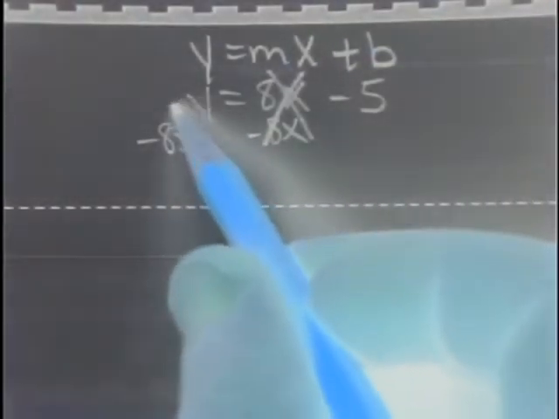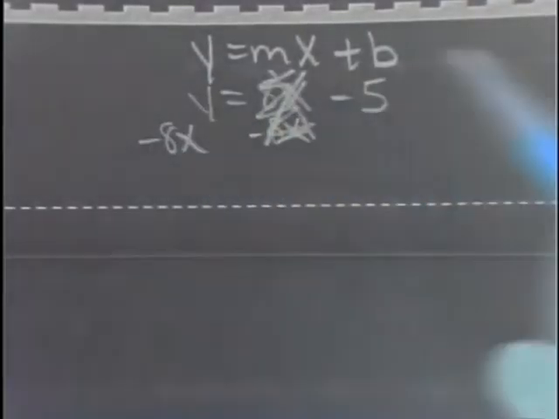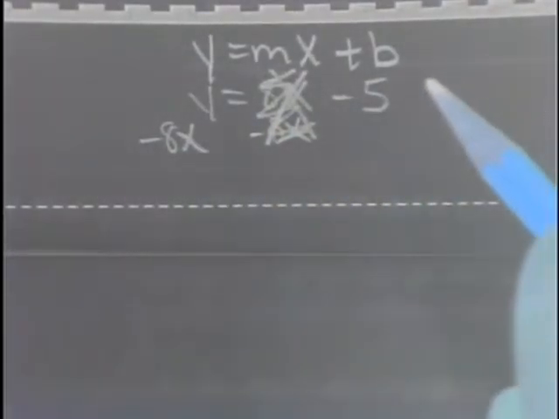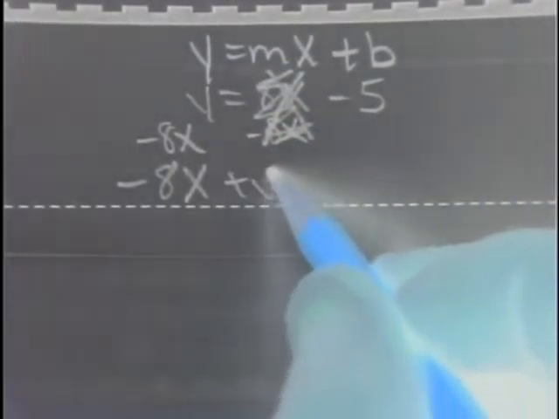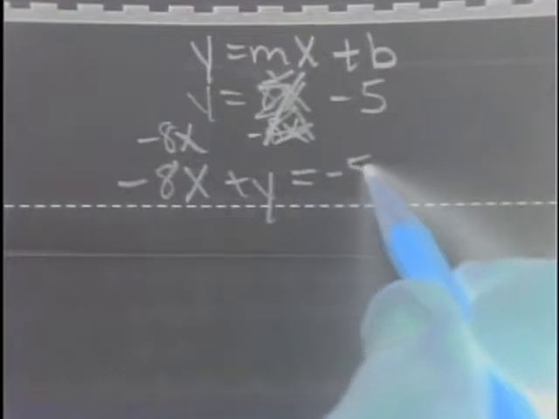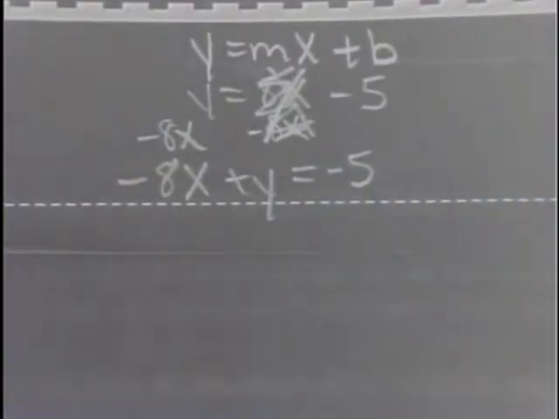On the left side, I can't put these two together, so how do I write that? Negative 8x plus y equals negative 5. Now this isn't quite right either, because that's a negative, so flip it over so it's 8x minus y equals 5.